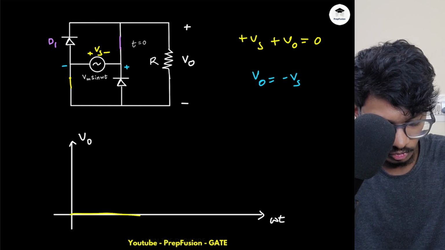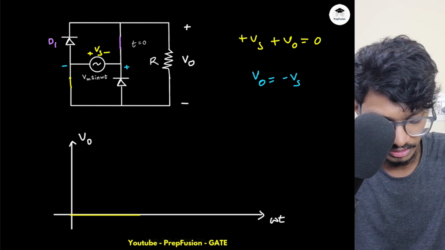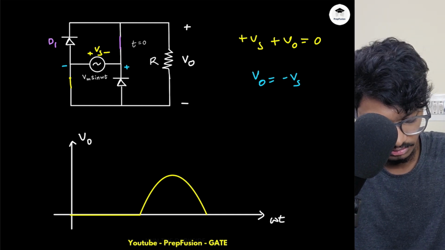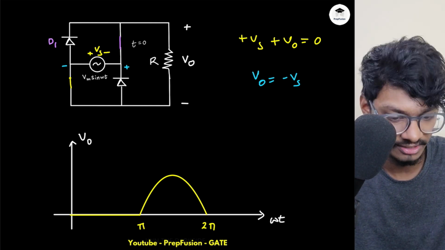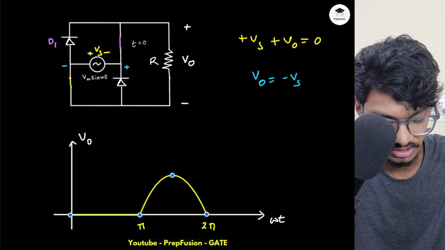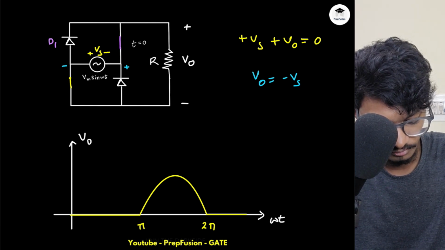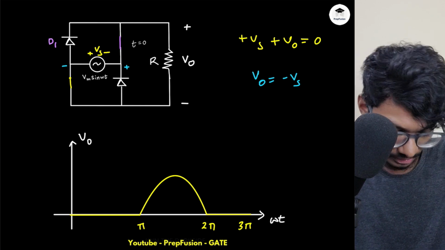Obviously from 0 to pi, this will not be on. Basically the diode is off, the output current is 0. Then from pi to 2 pi, this will follow the negative of the input, remember, because the input is actually negative and negative of negative becomes positive. So this is from 2 pi to 3 pi, and this is my Vm.